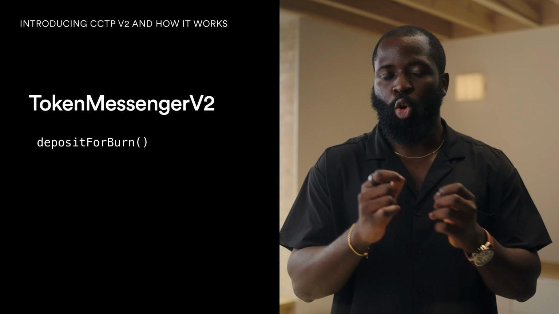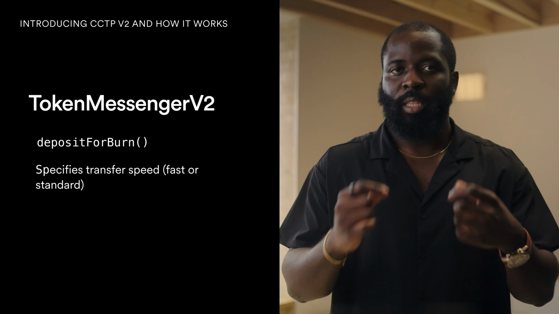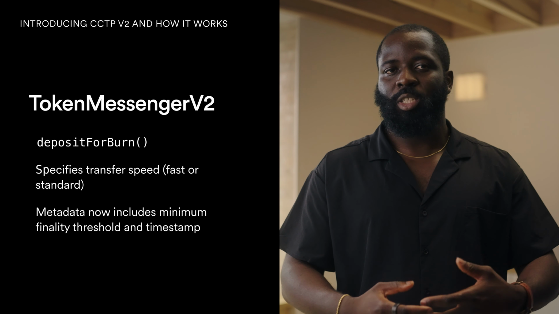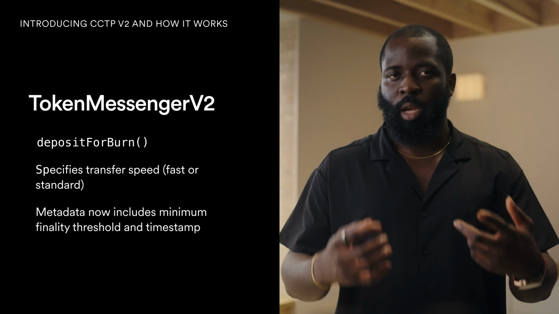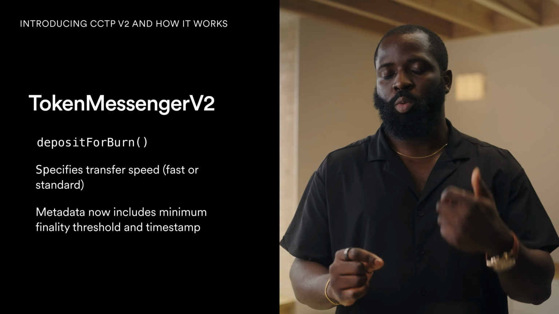For example, on the source chain, when Alice's app called depositForBurn on Token Messenger V2, it not only burned the USDC, but also specified the desired transfer speed, fast or standard. The message that was emitted included extra metadata, such as a minimum finality threshold and a timestamp, which Iris uses to determine how to handle the attestation.